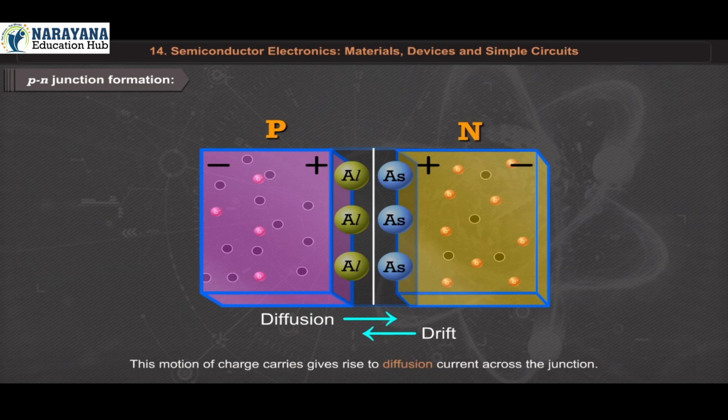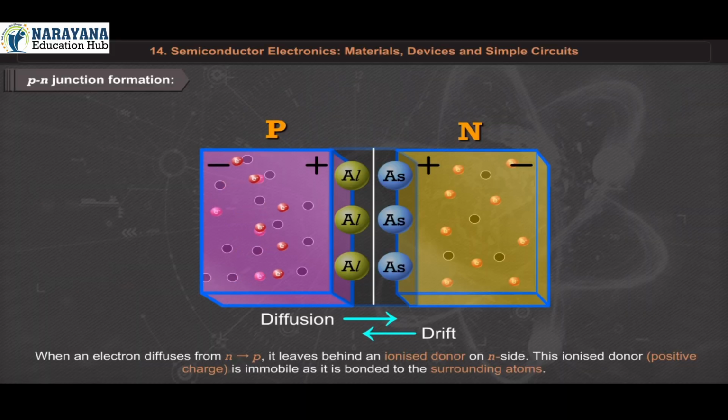This motion of charge carriers gives rise to diffusion current across the junction. When an electron diffuses from n to p, it leaves behind an ionized donor on n side. This ionized donor, that is positive charge, is immobile as it is bonded to the surrounding atoms.